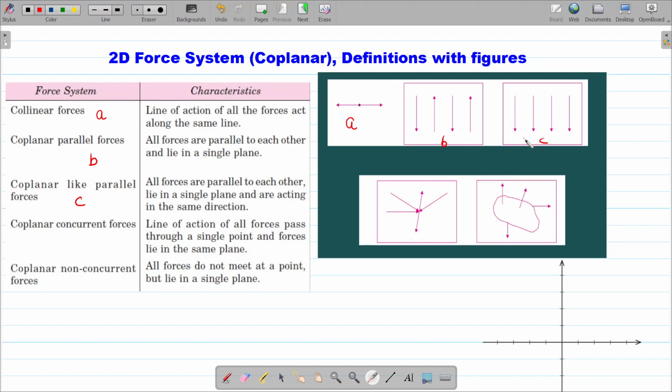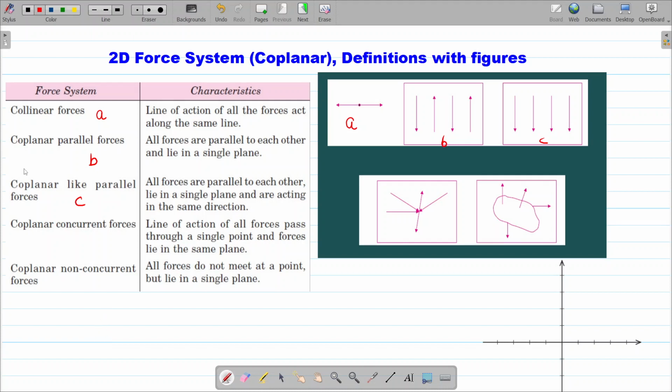You can see this and this are very similar, but in B the forces are coplanar while their directions are opposite to each other. In C the direction of all the forces is the same, having the same line of action, and that is why they are called coplanar like parallel forces. This is different from B in this respect. Let's go to the other one.